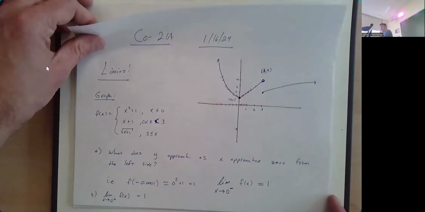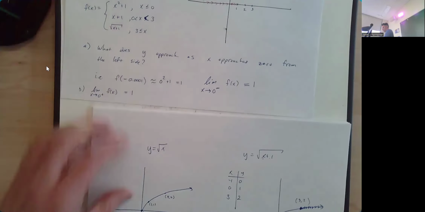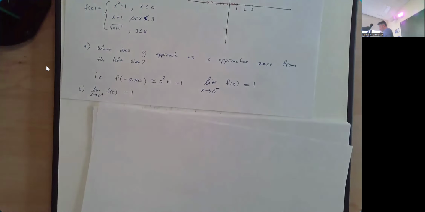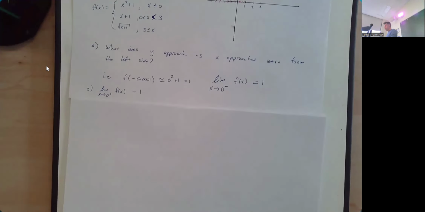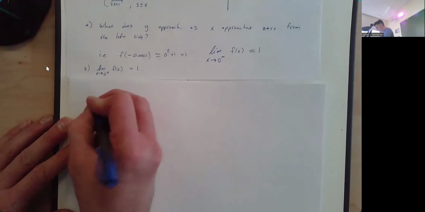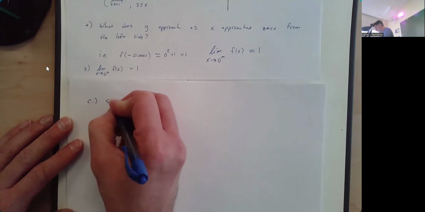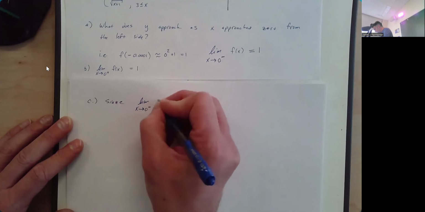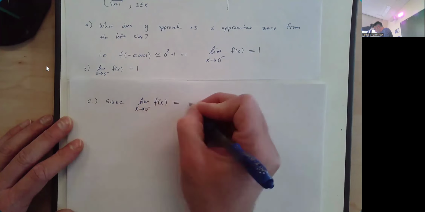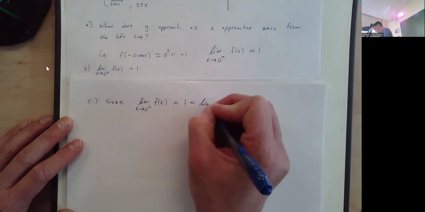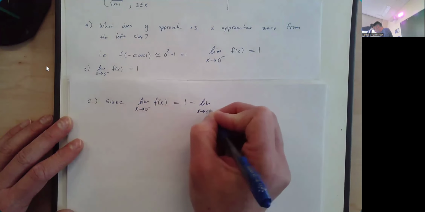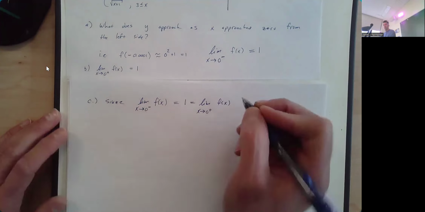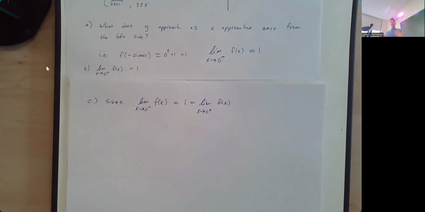Since the left-hand limit and the right-hand limit are the same y value, we can conclude that the limit as x approaches 0 from the left of f of x is equal to the same number as the limit from the right, so the two-sided limit exists.